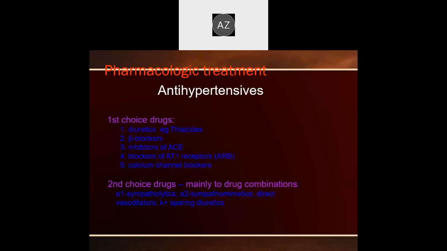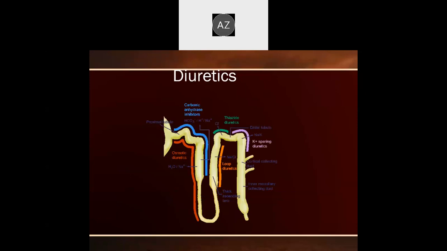Alpha-2 receptor blockers, and then we have direct vasodilators, potassium sparing diuretics. And this is on the nephron, and where different antihypertensives work in the renal pharmacology.